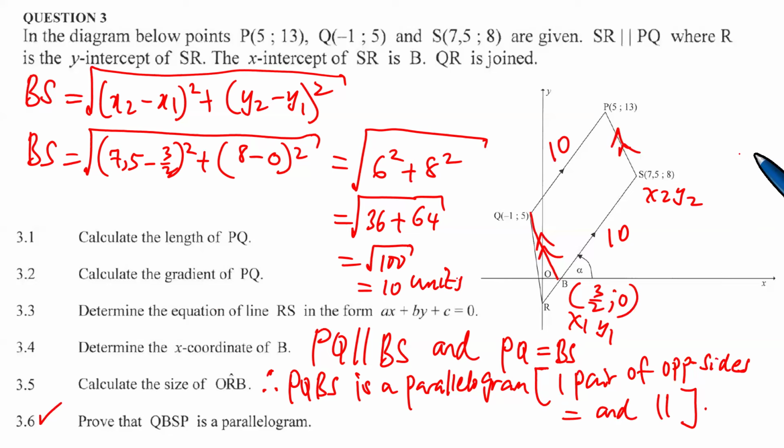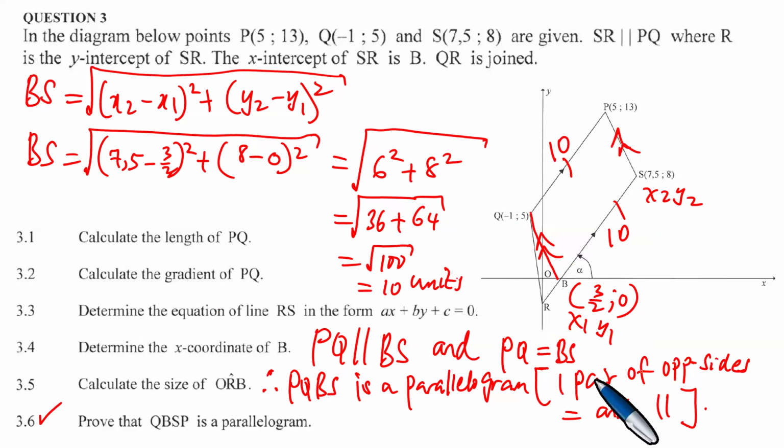Okay, so look at this and think of this, but very carefully. So you have in 3.4 the opposite sides PQ and BS, which are equal and parallel because this is equal to this, but they are parallel as well.